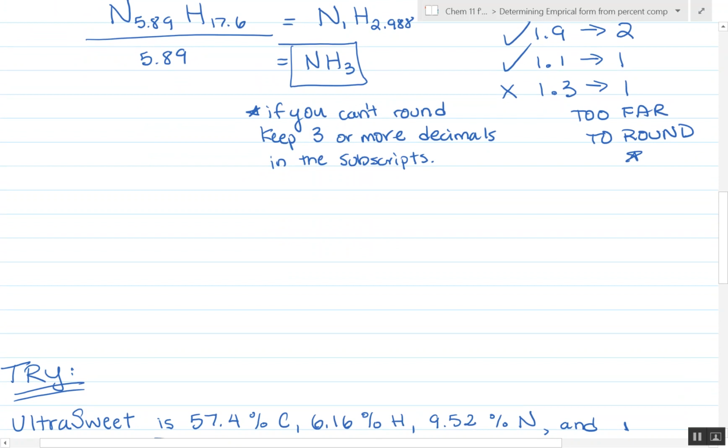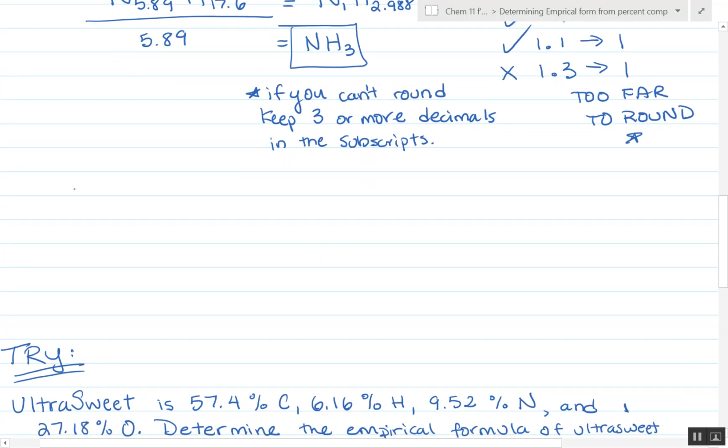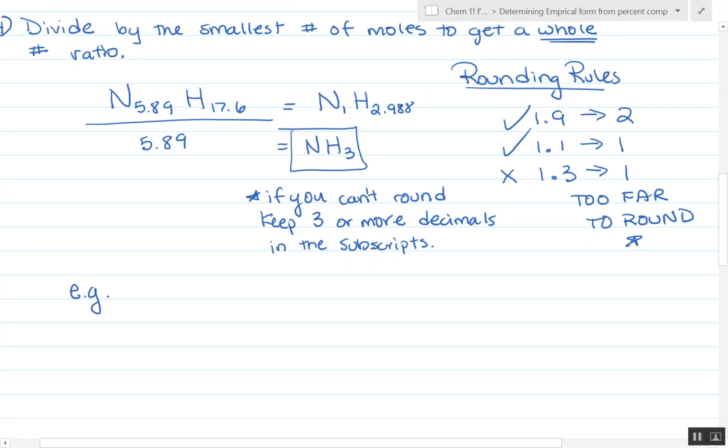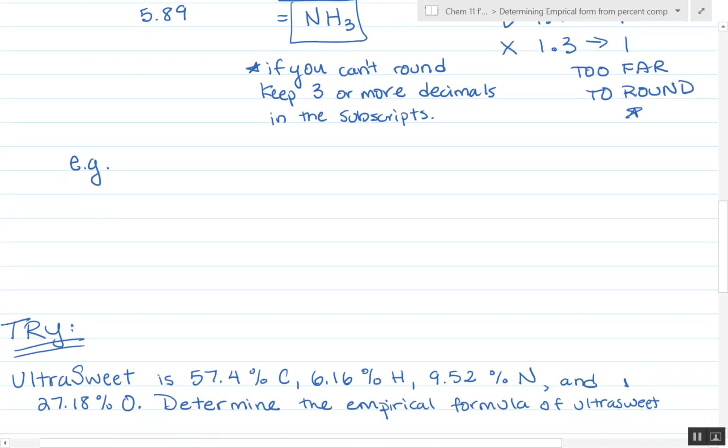So let's go through an example. So if after you divide by the smallest number of moles to get the whole number ratio, you end up with something like this, N1.49 and H2, 1.49 is too far away to be able to round up or down, so I'm going to need to multiply this by the lowest number possible.